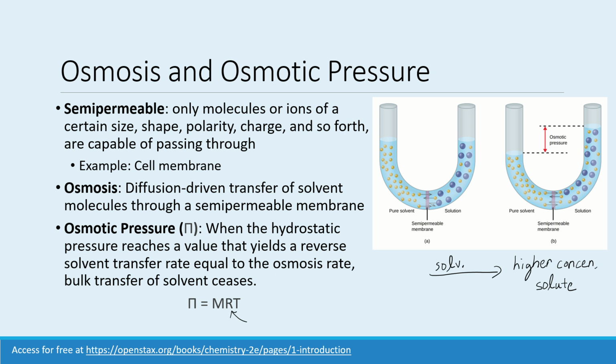And because molarity is moles per liter, and we can solve for osmotic pressure in atmospheres, we want the R value of 0.08206 because that has units of liters times atmosphere per mole Kelvin. So it has the units of liters that we need to cancel out with that molarity value. So again, anytime that you're using that gas constant, that means that temperature must be in Kelvin.